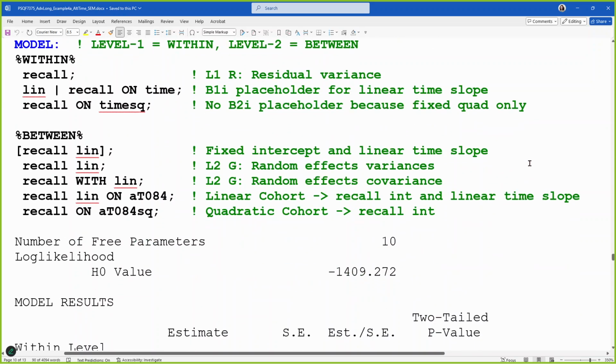In here, what have I changed? To execute a random linear time slope variance, there should be 2 changes. Len doesn't have the at 0 anymore.